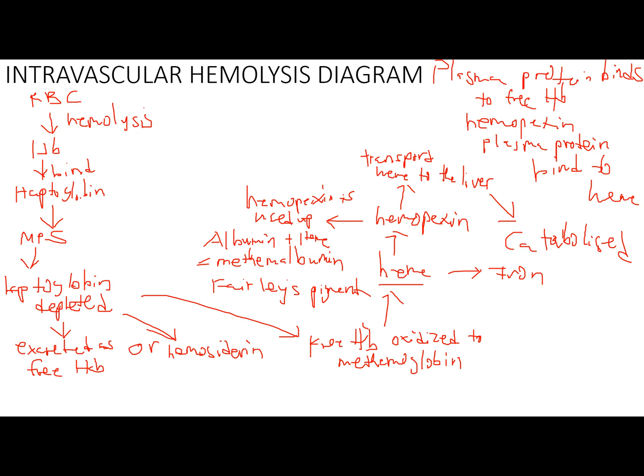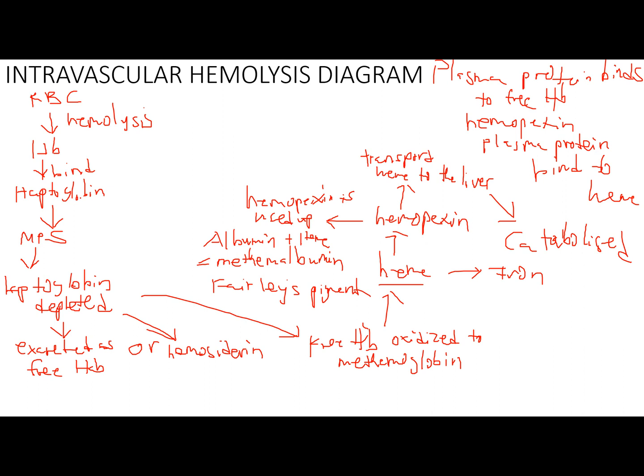Now, when it is oxidized to methemoglobin, class, it would release yung heme or yung iron part. What happens is that heme would now be in the plasma, and the plasma protein hemopexin will bind to the heme class where it would transport to the liver to be catabolized. Now, there is another possible pathway, class.